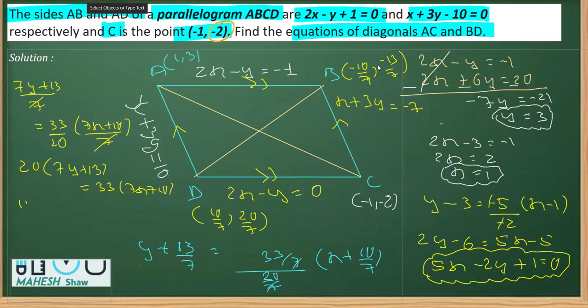So this will give you 140y plus 20 into 13, which is 260, is equal to 7 into 33, which gives 231x plus 330.